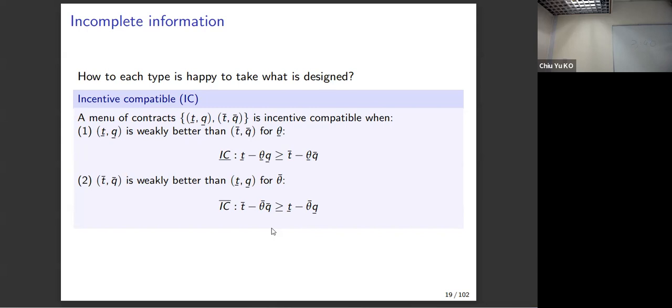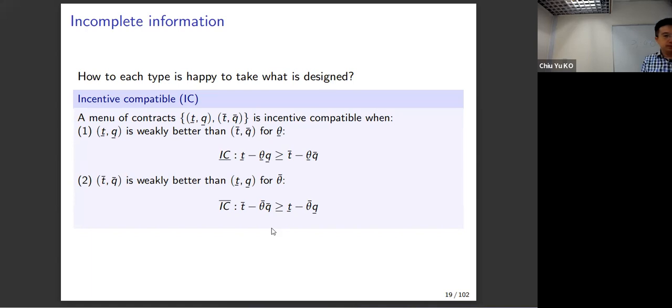Incentive compatible means the agent knows who he is and does as designed, with no gain from doing something else. Basically it's like a subgame perfect idea: the contract is designed and he just follows it. It's a weakly dominant strategy, so at least they would follow.